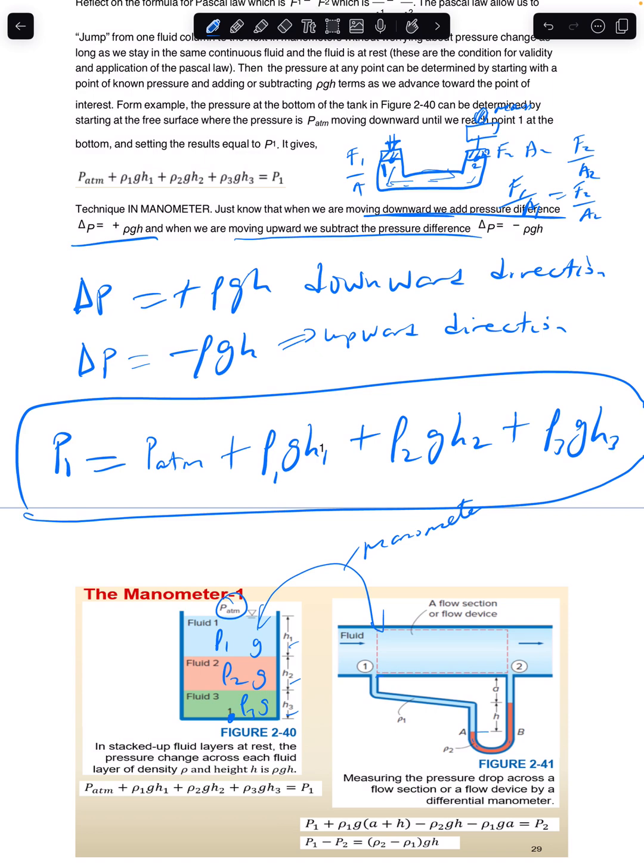You could see that it is just based on this technique which I said. Look at the pressure variation movement. Is it moving downward or upward? You could see that is the fluid movement.